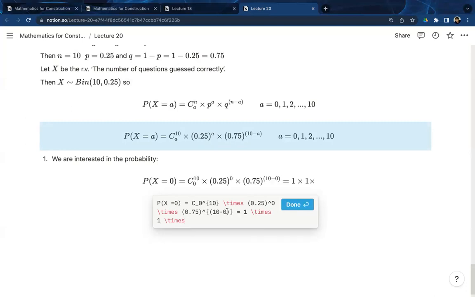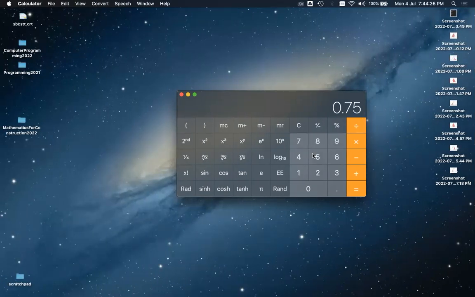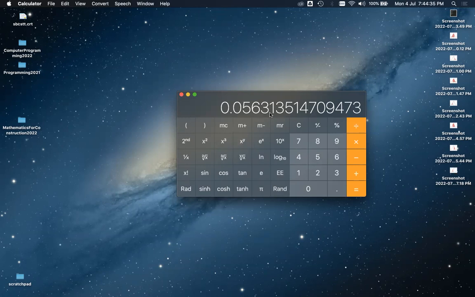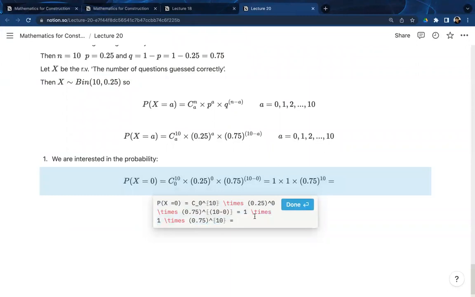And this is 0.75 to the power 10. That's 3/4 to the power 10. So we find 0.75 to the power 10 is essentially 0.056.